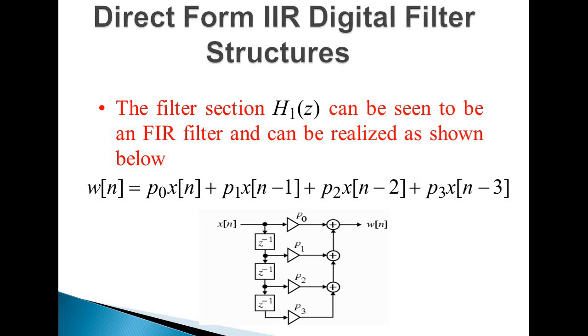Then for x(n minus 2), again another delay circuit you have to use, multiply it by p2, then add it, and for x(n minus 3) again another delay is used, multiply it by p3 and add all the terms, and the final output w(n) you will get.